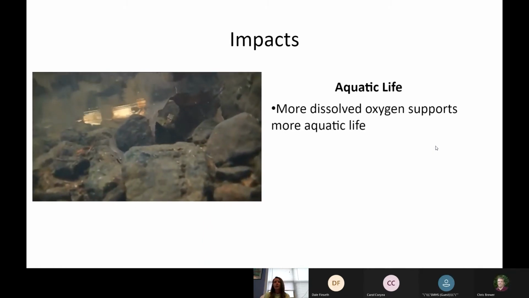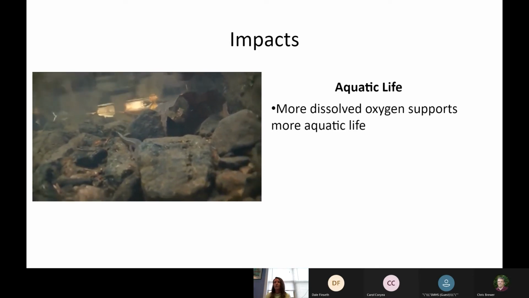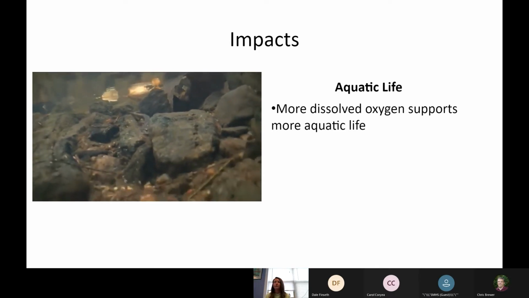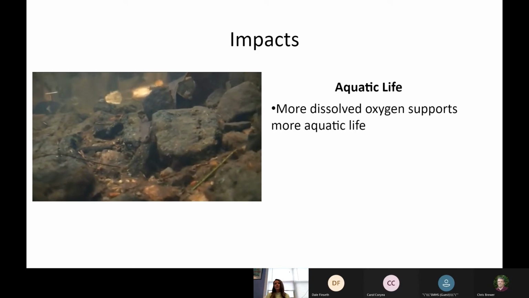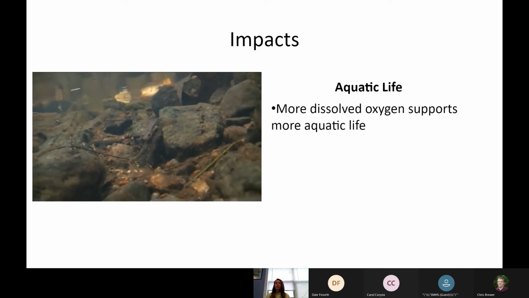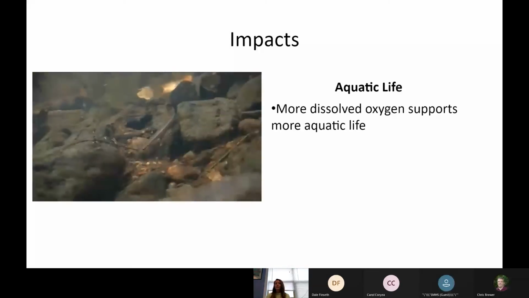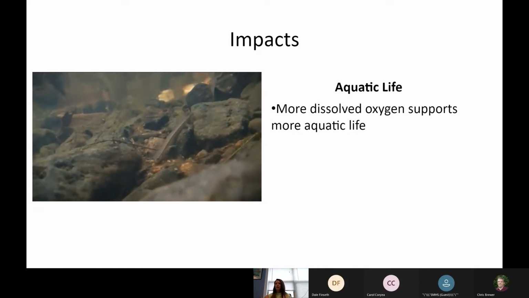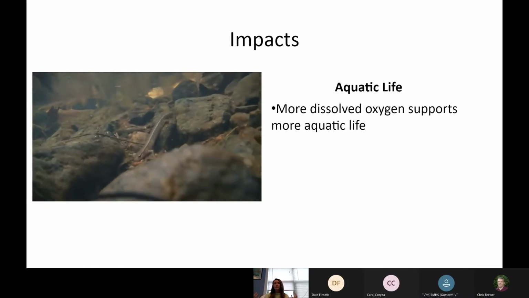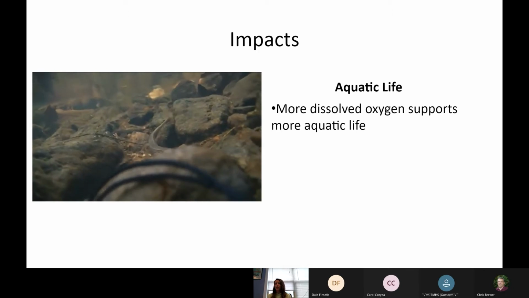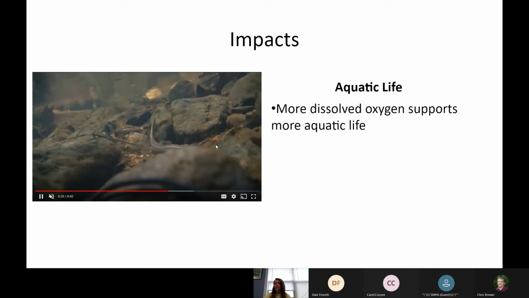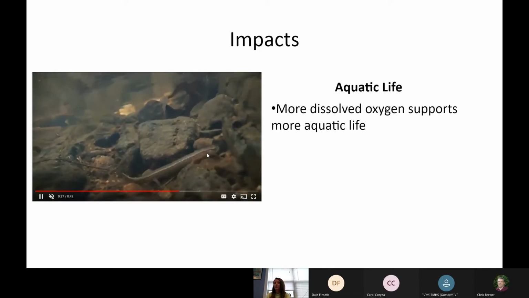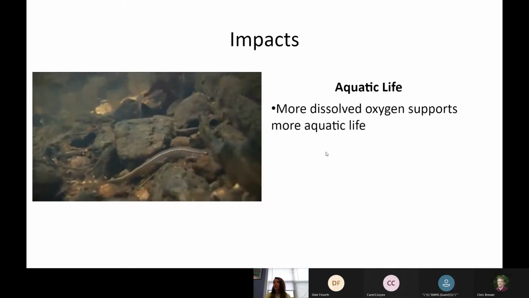Having more oxygen in the water is going to support more aquatic life. The things living underwater, even though they aren't breathing oxygen the same way as humans do, still need to have a lot of oxygen available to them. Things like this salamander also need to be able to receive oxygen underwater.